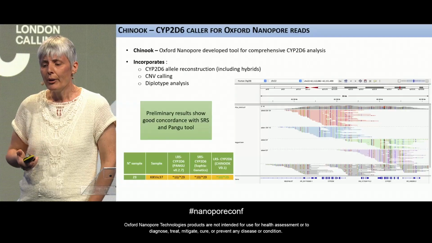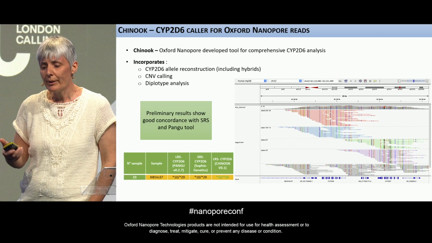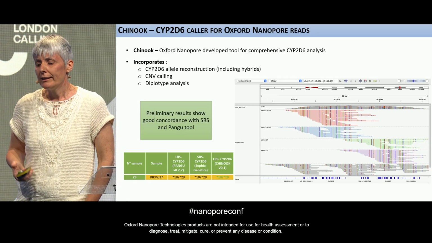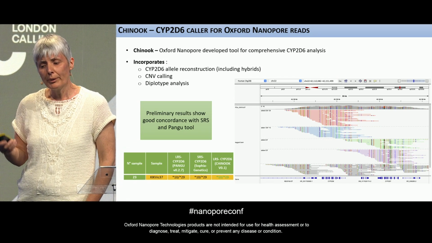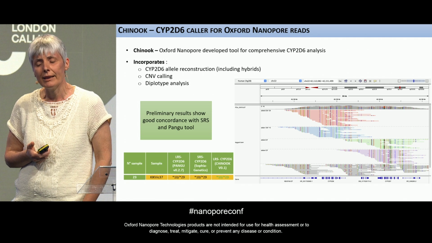Now, as I mentioned previously, that Pangu tool was not perfect for the detection of duplication. Oxford Nanopore company developed a nice and promising tool, Chinook. It is developed for comprehensive CYP2D6 analysis.